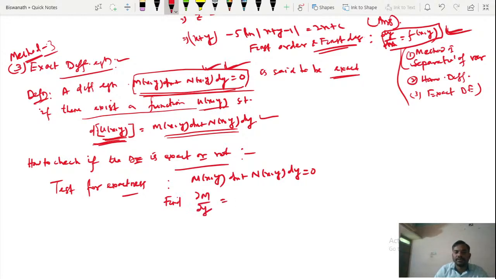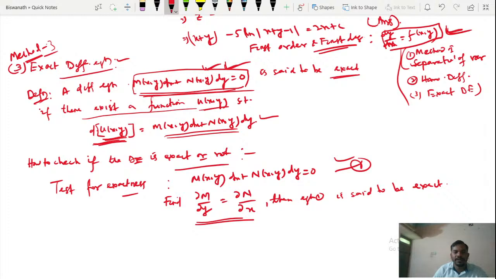If del M by del y equals del N by del x, then suppose this is your equation 1, equation 1 is said to be exact. So you have to check whether del M by del y equals del N by del x.